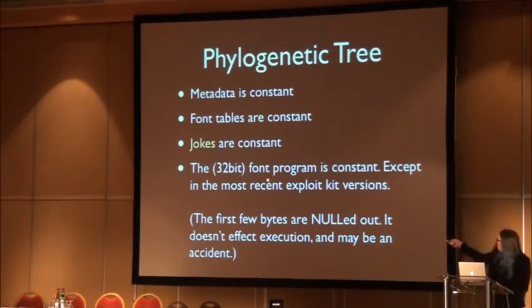Everybody uses the identical 32-bit font program. Although in the exploit kits, the first couple of bytes are nulled out, and it doesn't actually affect the execution of it. I'm not sure if that was on purpose.